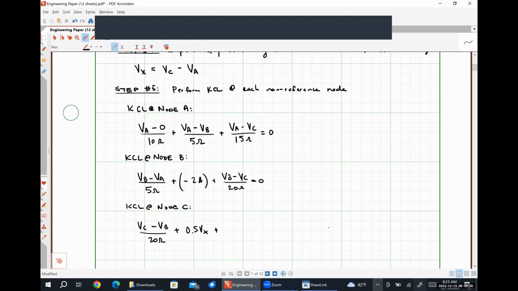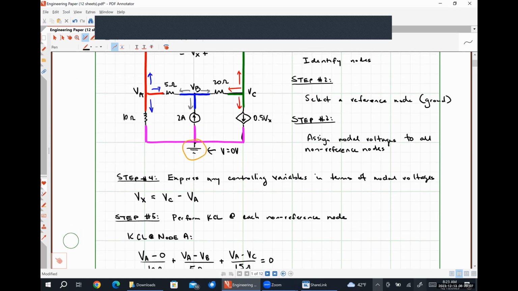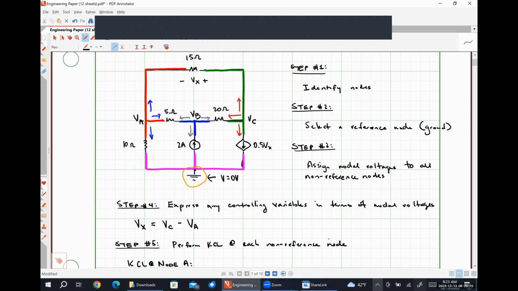And then lastly, we have our current flowing up through the 15 ohm resistor from right to left. John, you want to help me out with that one? The current flowing up, leaving node C. We're not looking at VX at all.